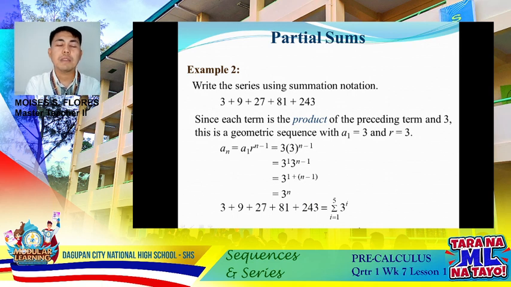Maybe your question is, how do we know if it's an arithmetic sequence or a geometric sequence? If you subtract 9 minus 3, we have 6. If you subtract 27 and 9, again, it's not the same. So therefore, why not try another type of sequence? It is now your geometric sequence with common ratio, which is 3.